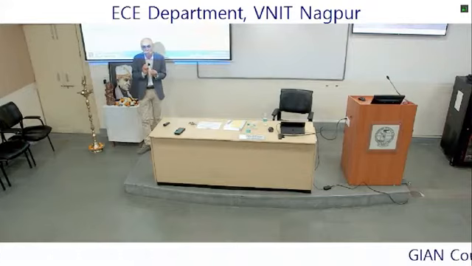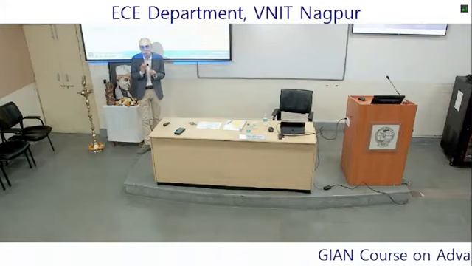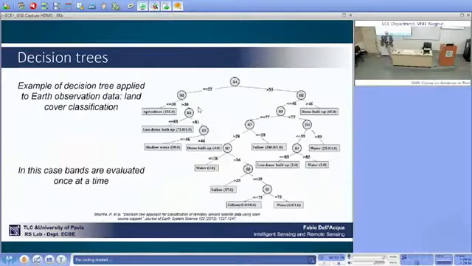Why? Why? Let me ask you. For example, think of the maximum likelihood. What is the big advantage of this approach with respect to maximum likelihood? What do you need to make sure before you can use a maximum likelihood classifier?